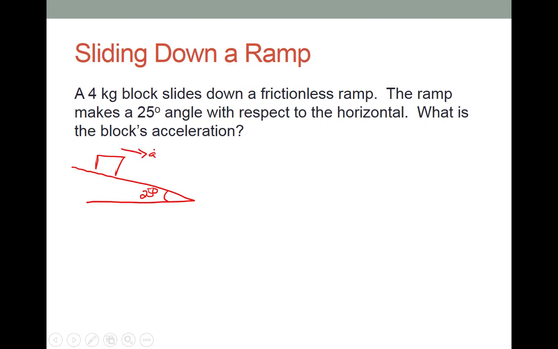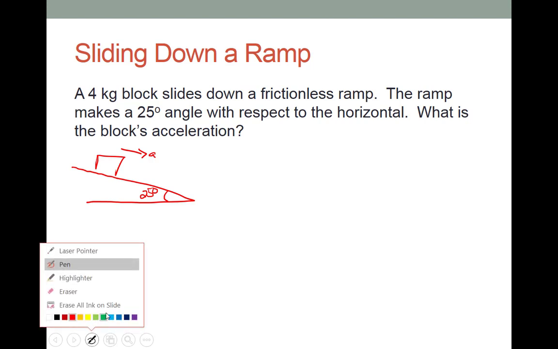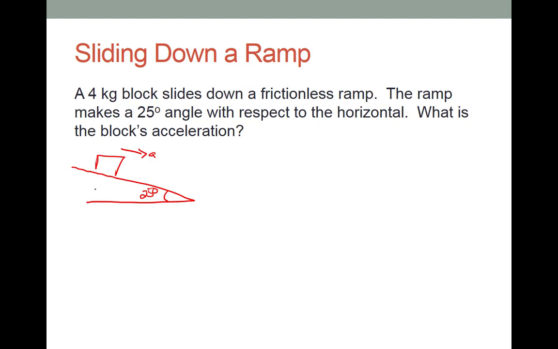So the direction of the acceleration is going to be along the surface of the ramp, not up, not horizontal. And because that acceleration is pointed down the ramp, for this problem, it makes a whole lot of sense to align the coordinate system with the acceleration.